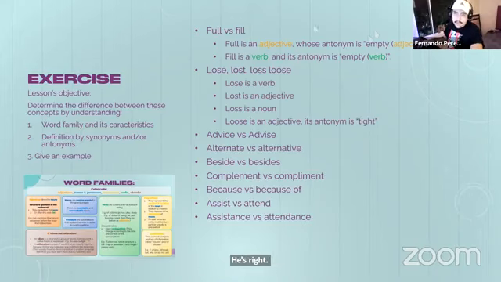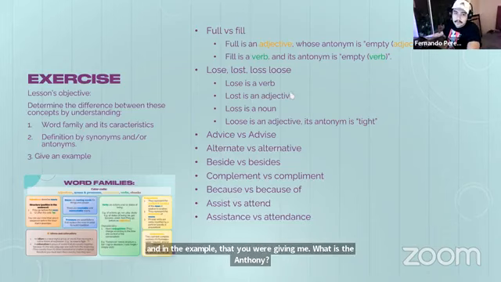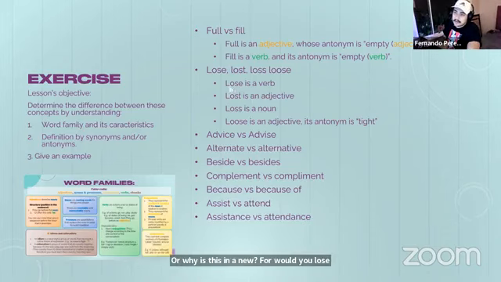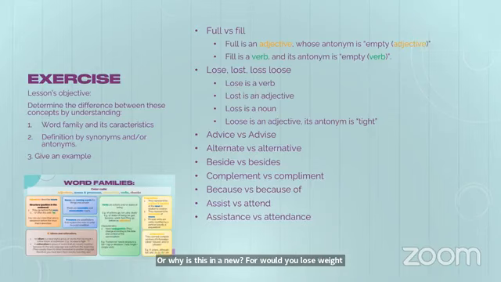Good. And in the example you were giving me, what is the antonym of lose when you lose weight? Gain. Nice.